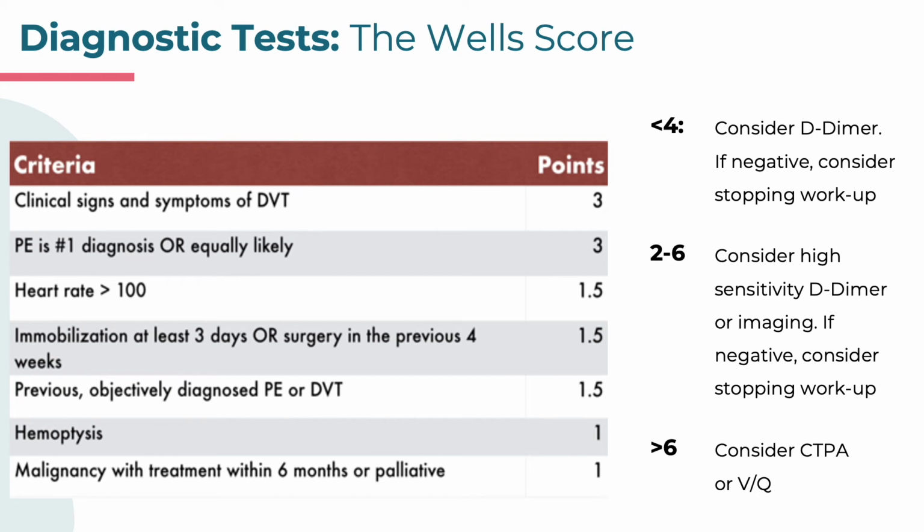And if your Wells score is greater than 6, then your healthcare provider should consider your V/Q ratio, which is your ventilation perfusion scan, or your CTPA, which stands for, it's a long phrase, computerized tomography pulmonary angiography. We will be getting into what the V/Q ratio is, as well as the CTPA test, and we'll go into more specifics of that as well.